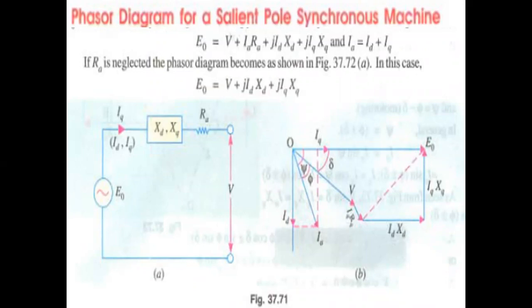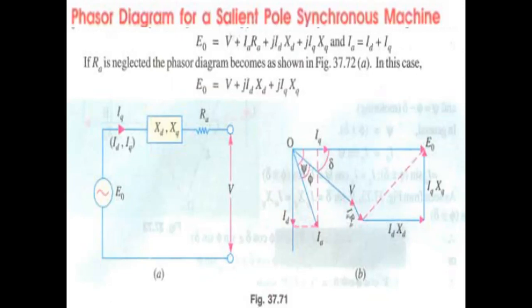The armature current is resolved into two components: ID, which is perpendicular to E naught, and IQ, which is along E naught. You can see this in the phasor diagram. The armature reactance also has two components: the D axis armature reactance XD, associated with ID, and the Q axis armature reactance XQ, related with IQ.